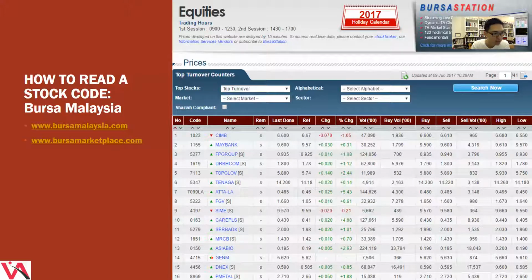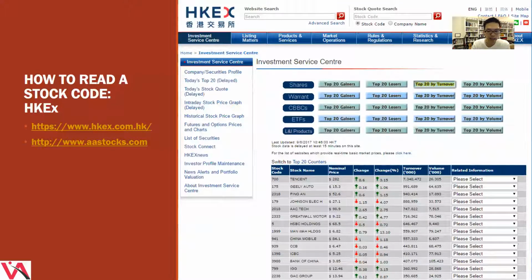The buy price is the bid price again, and the sell price is the ask price. And similarly, selling volume is the asking volume of the security at the moment. And they end it with the high and low. The high is the highest price that it has gone to today, and the lowest price that it has gone to today as well.